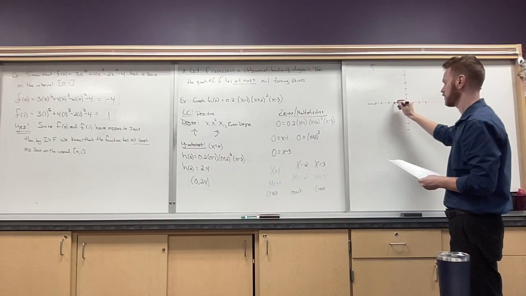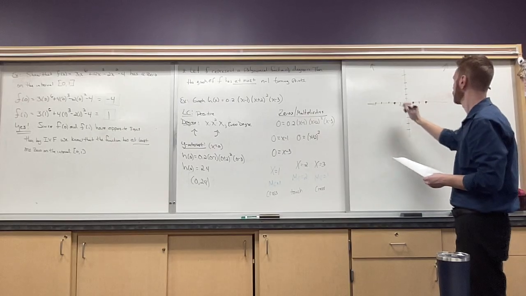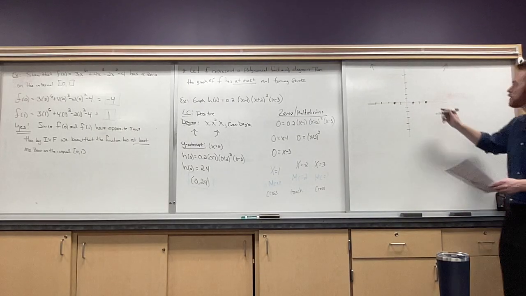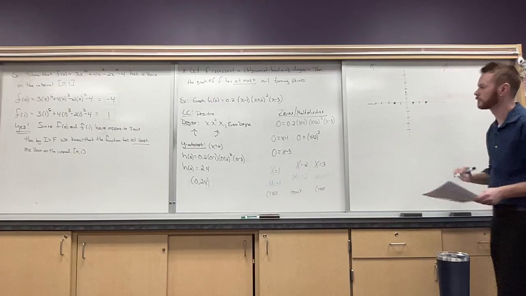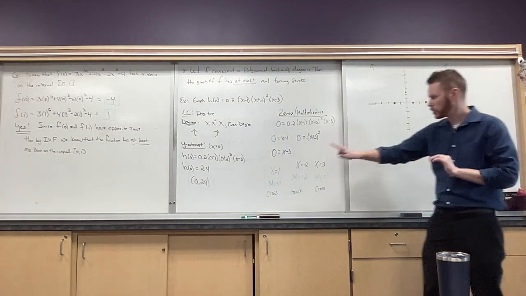I'm going to put points there. So negative 2, 1, and 3. Our y-intercept is (0, 2.4), so that's right here. So I went ahead and just plotted our points. So far, so good.